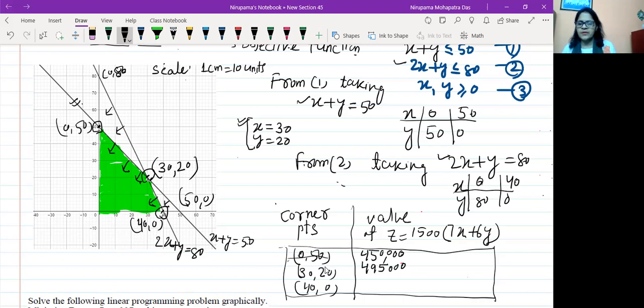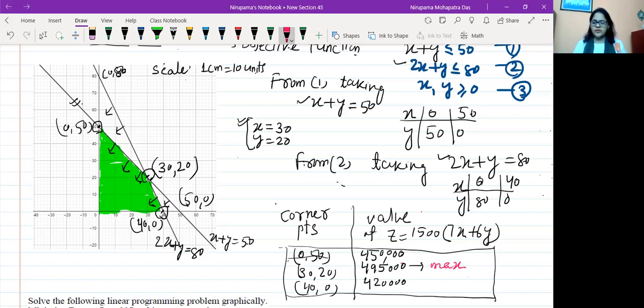And for 40, 0, you are getting 280 into 1500, which gives 42 with 4 zeros. So which one is maximum? This is maximum. You can write this is maximum.